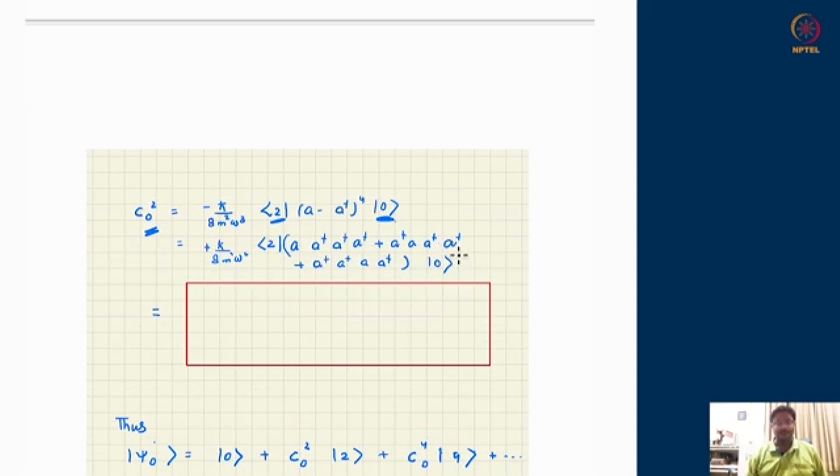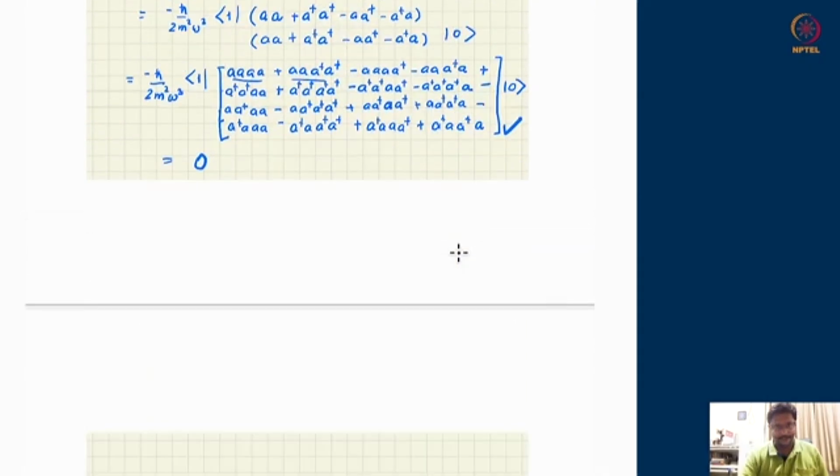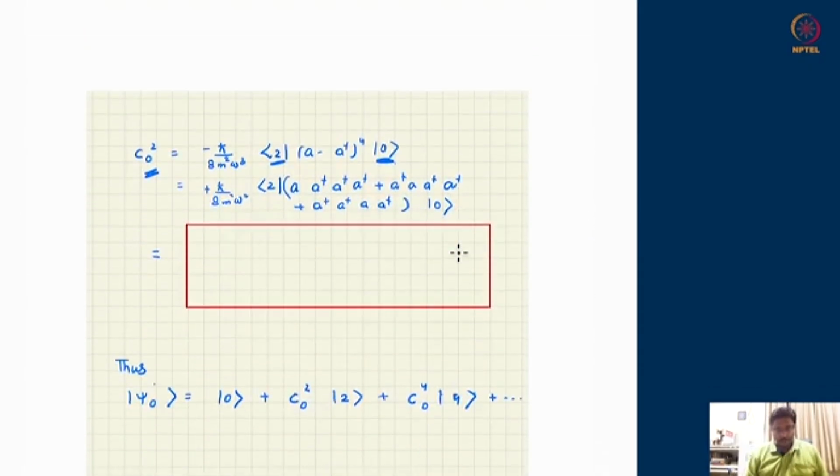So this will not be 0, unlike C_01. So C_02 is not 0. So this is your exercise, to do this computation cleanly and find out what is this box. This is the non-zero number which will survive.